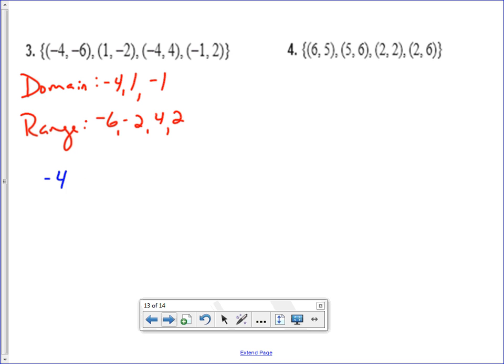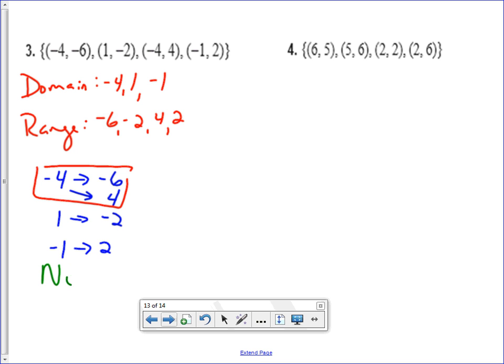A -4 maps to a -6. A 1 maps to a -2. A -4 also maps to a 4. And a -1 maps to a +2. So from this, I can see that this -4 maps to two different things. So we'd say that this one is not a function.